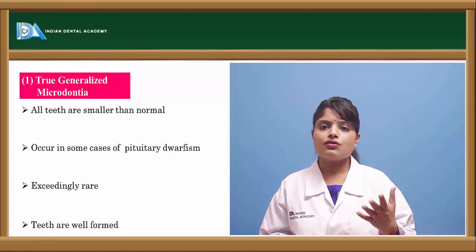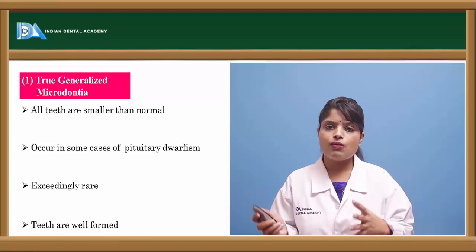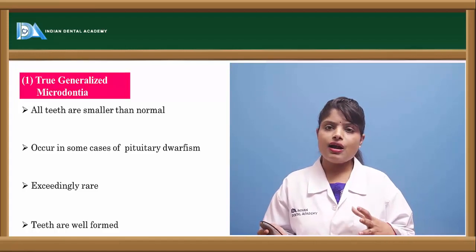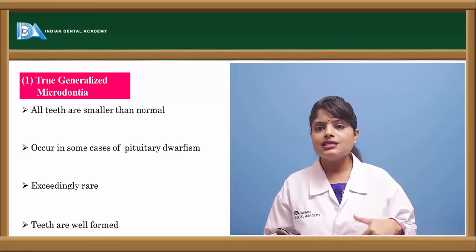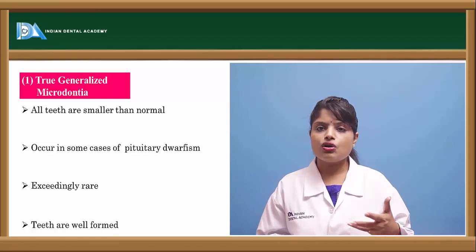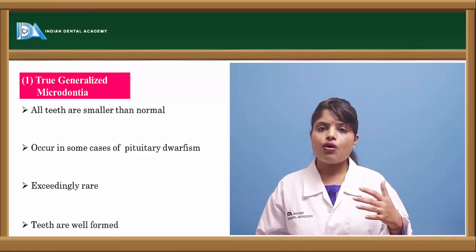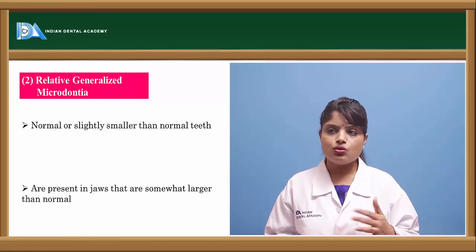For example, the central incisor, the lateral, the canine, the molar, all will be smaller in size. This is generally encountered in pituitary dwarfism, where the entire stature of the child is smaller than the normal child, or the child is called a dwarf.